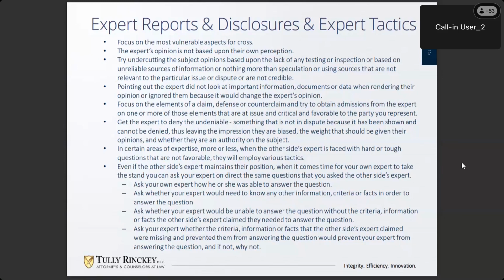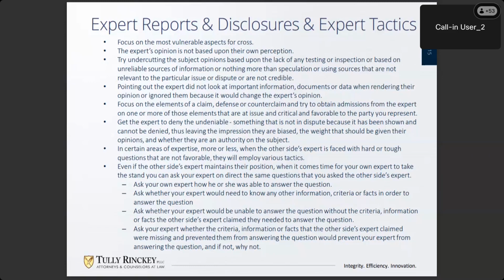Even if you get denial after denial, refusal to answer certain questions on critical facts, at some point you're going to have to give up the ghost and move on, because you're only going to have certain lengths of time during cross-examination at trial. You're not going to have all day, likely, or if you do, you still need to get to other matters.